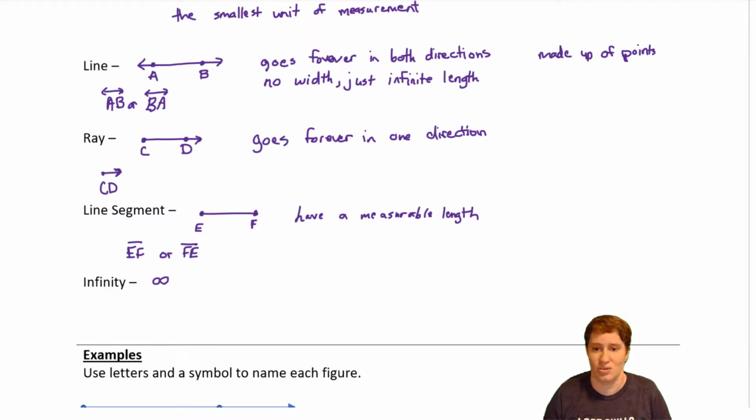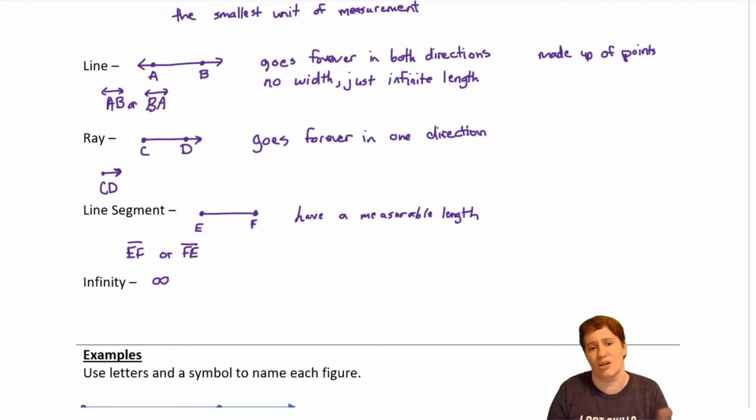So when we talk about something being infinite, we're talking about something so big that we can't even really define it. We can't call it 1,000 because it's bigger than 1,000. We can't even call it 1,000,000. It's bigger than 1,000,000. It's so big we can't even really fathom or imagine how big it is.